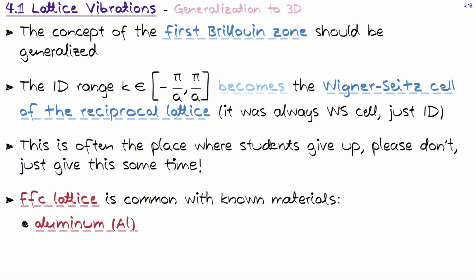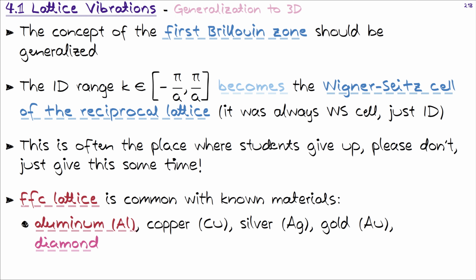For example, aluminum, Al, forms an FCC lattice, as do copper, another metal, silver, gold, and among my favorites, diamond also forms an FCC lattice, but now instead of a single carbon at the lattice point, we actually have two carbons, and they form a basis of the lattice. Silicon, also from the group of diamond, forms a diamond structure. Germanium, similarly, when we go below in the group.